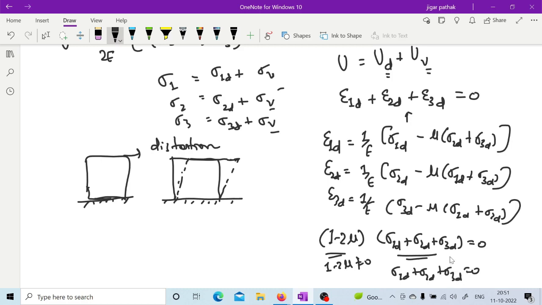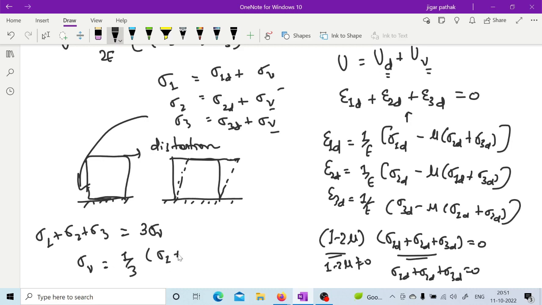If this is 0, then taking the sum sigma 1 plus sigma 2 plus sigma 3, you will have 3 sigma v equal to sigma 1 plus sigma 2 plus sigma 3. So sigma v is given by 1 by 3 of sigma 1 plus sigma 2 plus sigma 3.